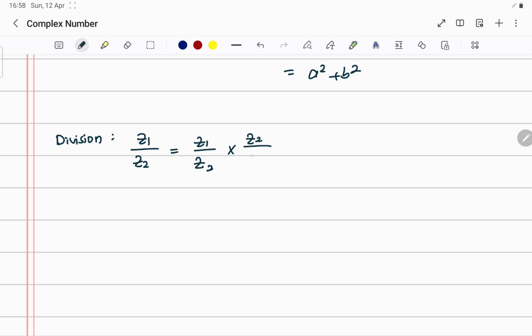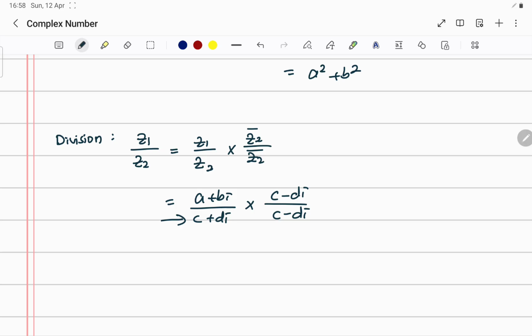So Z2 divided by Z2, conjugate of Z2. So by right, let's say Z1 is A plus BI, divided by C plus DI, you have to multiply with the conjugate of C plus DI. So C minus DI divided by C minus DI. Then you carry on until you solve the question.